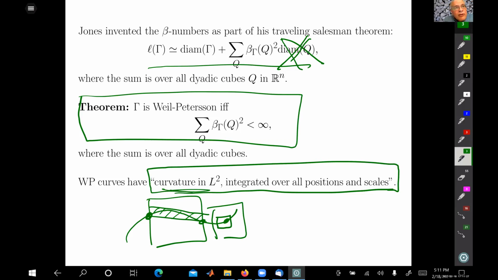Even the ones about H^{3/2} can be put into this box. The Möbius energy from knot theory can be made to look exactly like this. If you're liberal about what curvature means, as a measure of how far from flat you are at a certain scale and position, then all the different characterizations are versions of this.